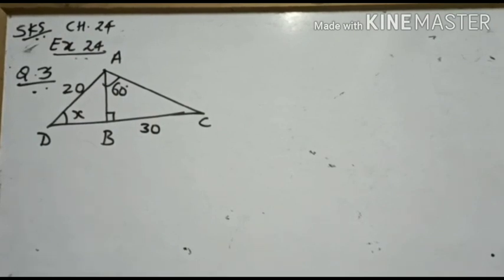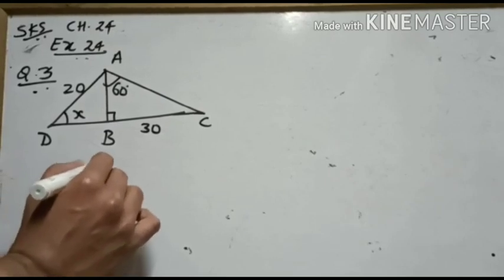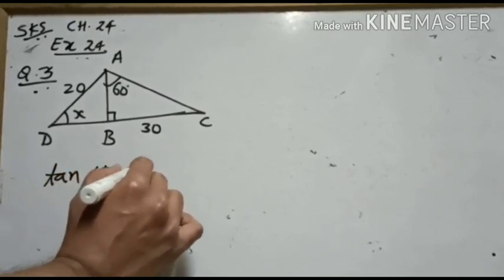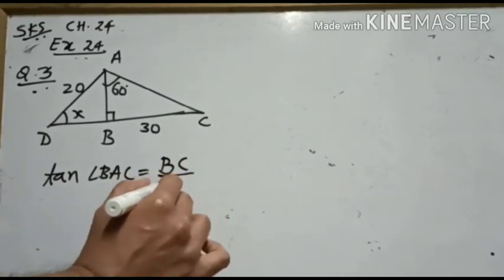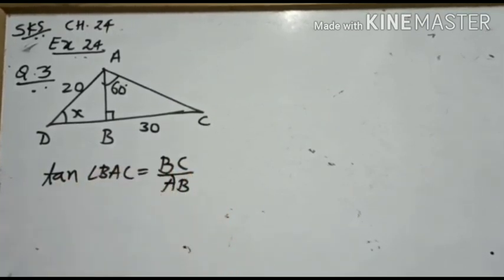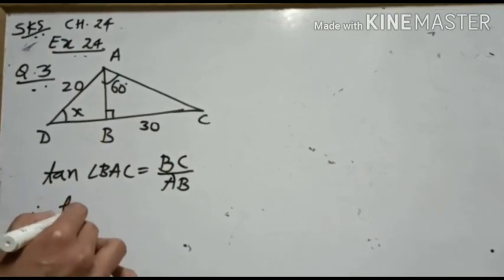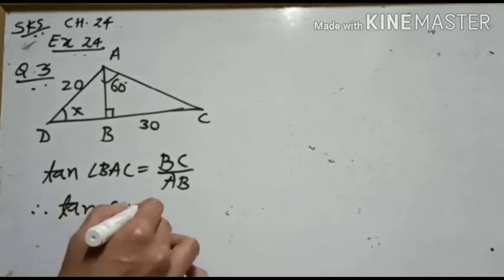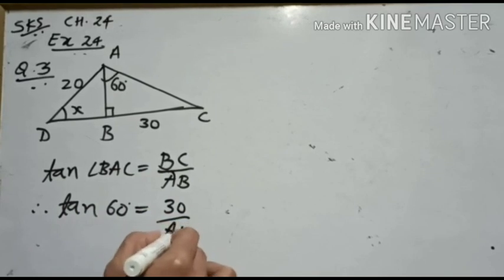If you can see triangle ABC, I know that tan of angle BAC will be equal to BC over AB, that is opposite side upon adjacent side. Tan of angle BAC is nothing else but tan of 60 degrees. BC value we know as 30, AB is unknown.